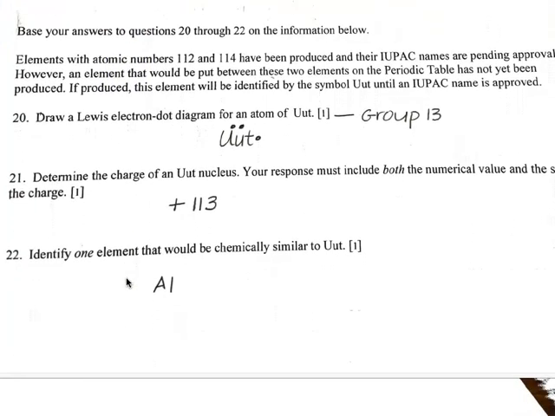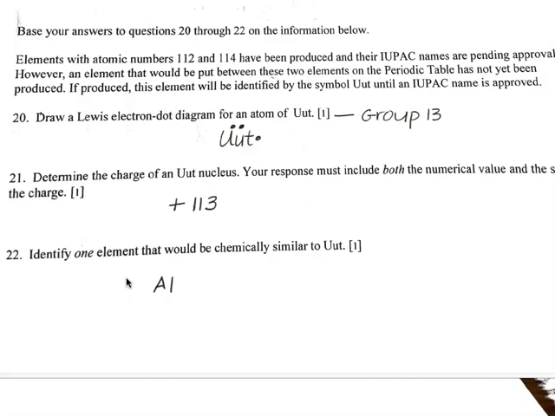All right, moving on. Elements with the atomic numbers 112 and 114 have been produced, and their IUPAC names are still pending approval. However, an element that would be put between these 2 elements on the periodic table has not yet been produced. If produced, the element would be identified by the symbol UUT until the IUPAC name is approved.